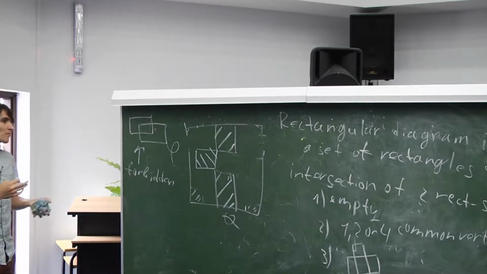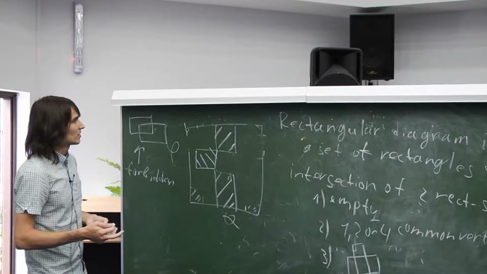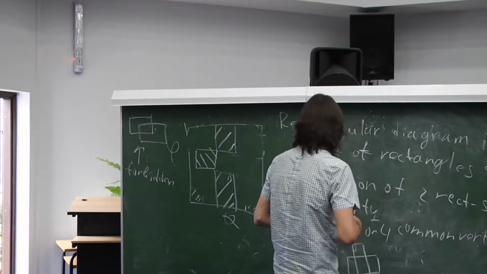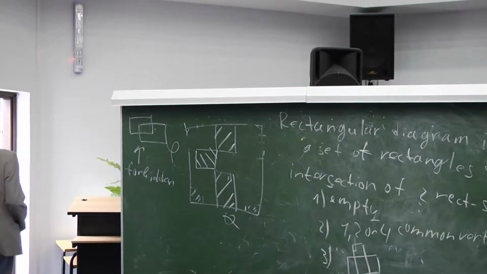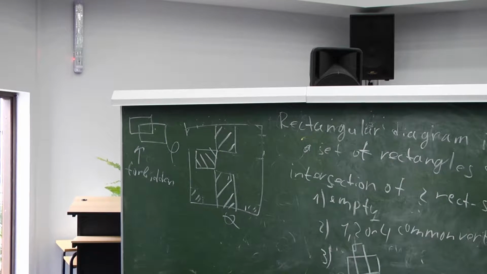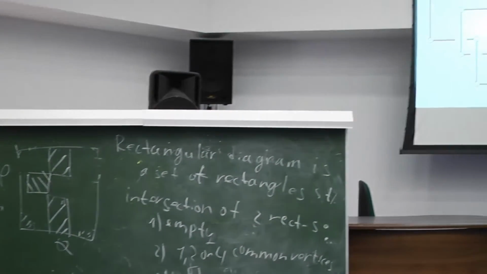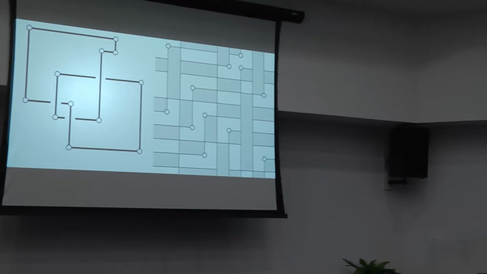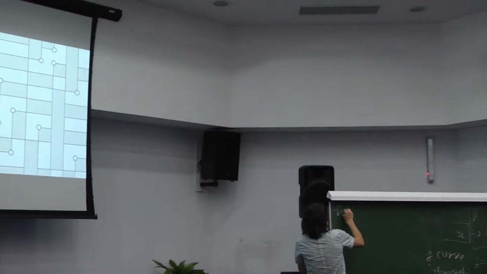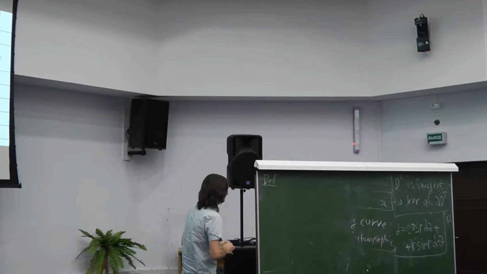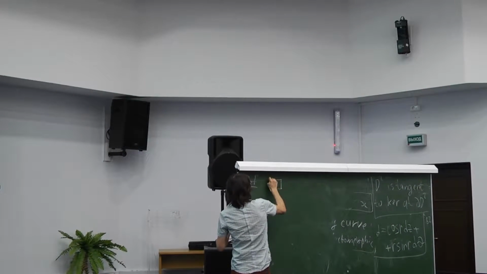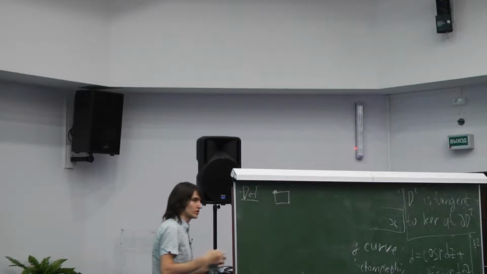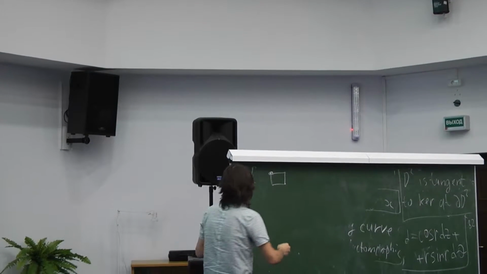A rectangular diagram may have boundary. If a vertex of a rectangle is not a vertex of any other rectangle, then call it a boundary vertex.